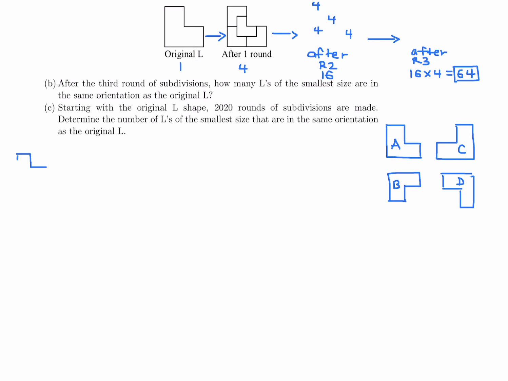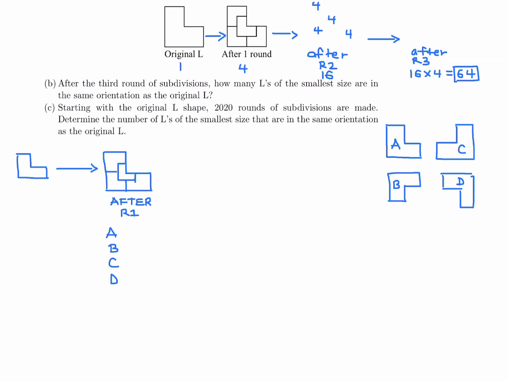In the very beginning, we have this one. And of course, we have to go to our first sort of subdivision. And they drew that out for me. They did a little bit of work to help us out. And when they do that, we can see how many, after round 1, are in shape A, B, C, or D. Okay, well, let's see.